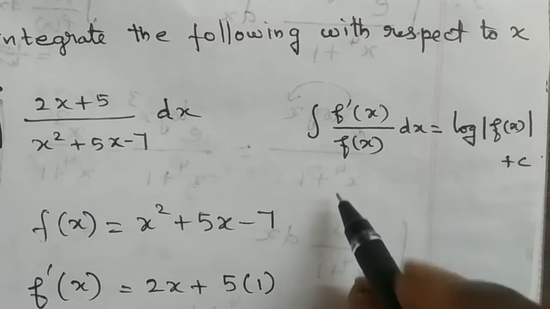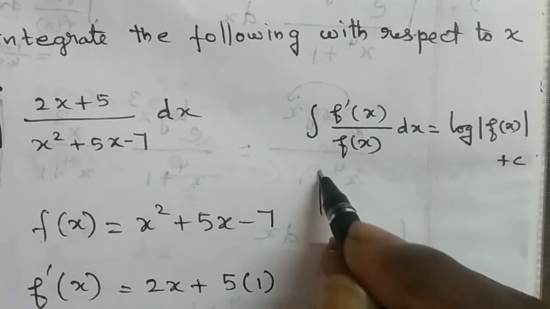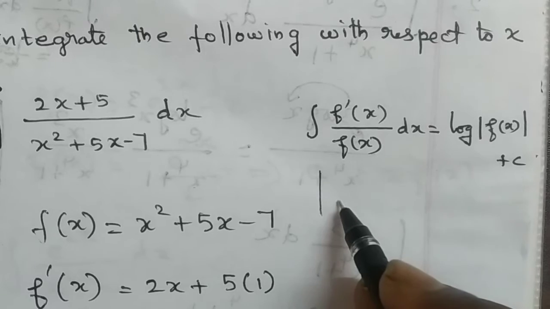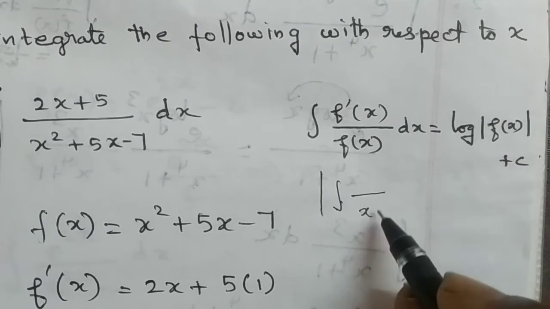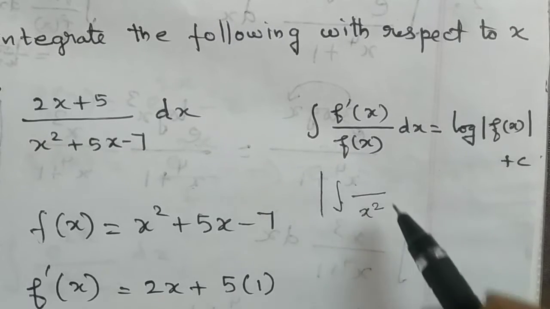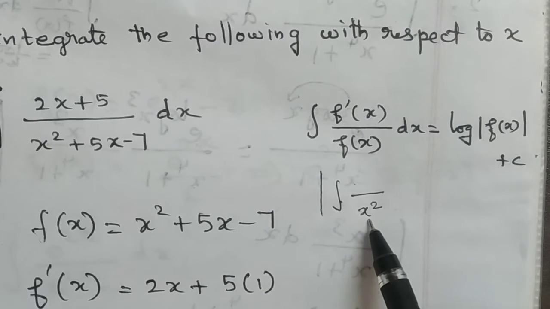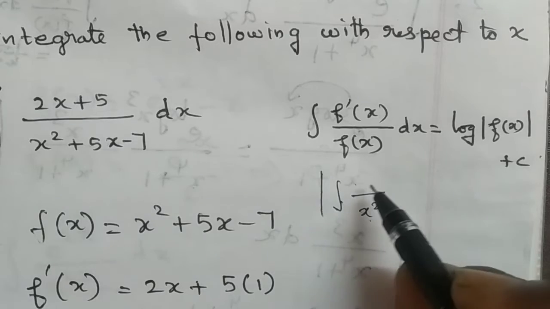For example, see here, the denominator is x square. What is the derivative of x square?